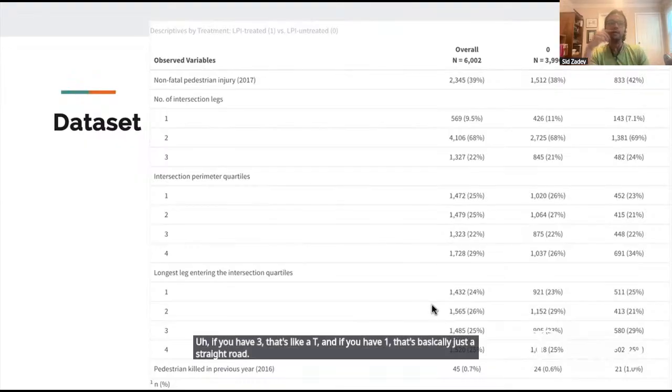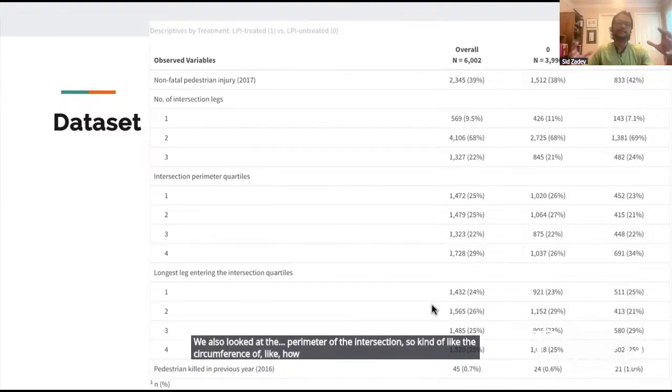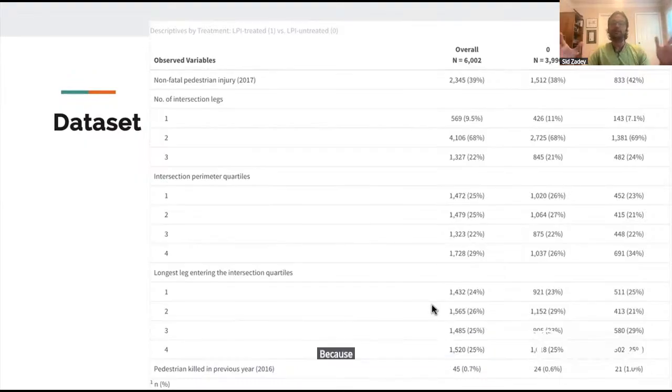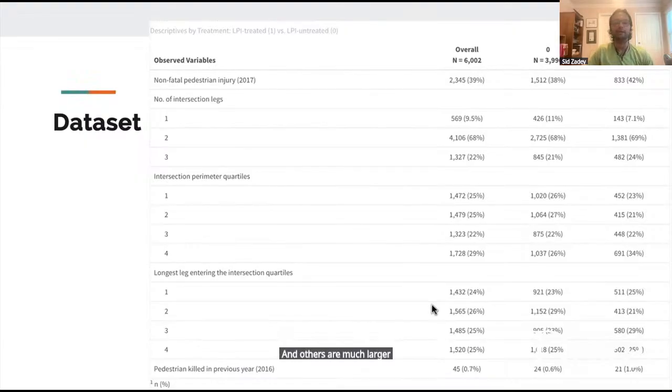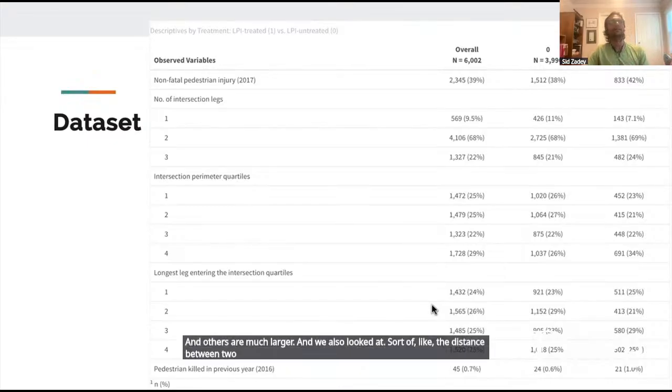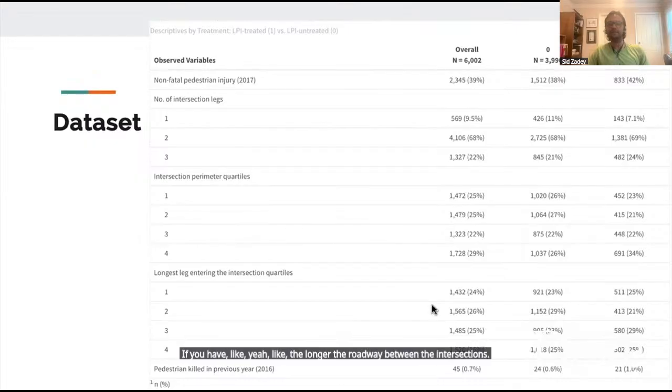We also looked at the perimeter of the intersection, the circumference of how big an intersection is, because there's variation in how large those are in New York. Some are really small and others are much larger. We also looked at the distance between two intersections, with the idea that the longer the roadway between the intersections, the larger the probability that people will speed in between them.